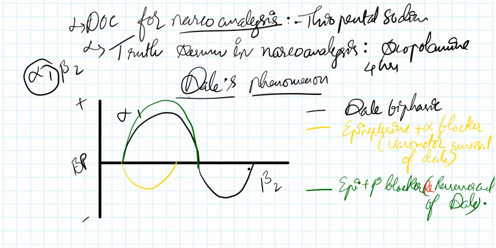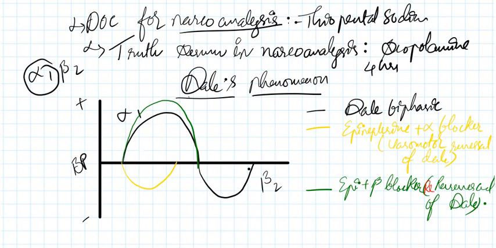I will tell you once again. Dale's biphasic pattern is seen when only epinephrine is given. Vasomotor reversal of Dale, I am showing with the laser, is seen when epinephrine is given along with alpha blocker.